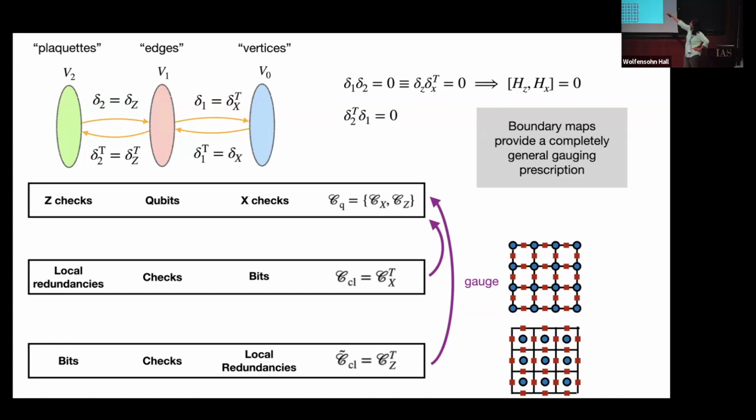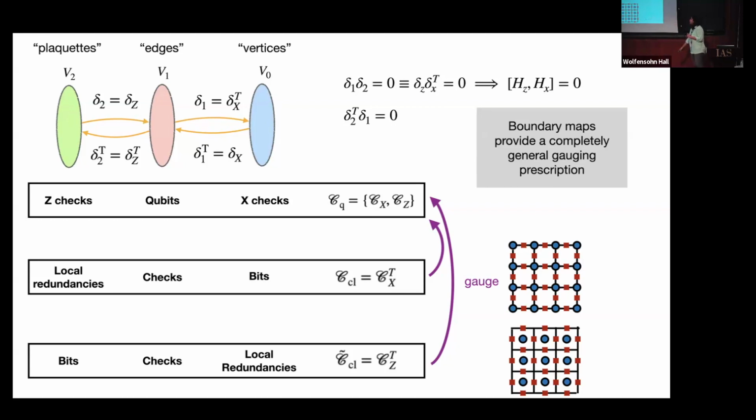And then you get this other condition for the transpose maps, which means that you can also put down a classical code on the dual lattice, where now the bits live on plaquettes, the checks again live on the edges, but now your local redundancies are on every site. So if this was my condition, then there's a local redundancy on this site corresponding to multiplying those 4 checks around.